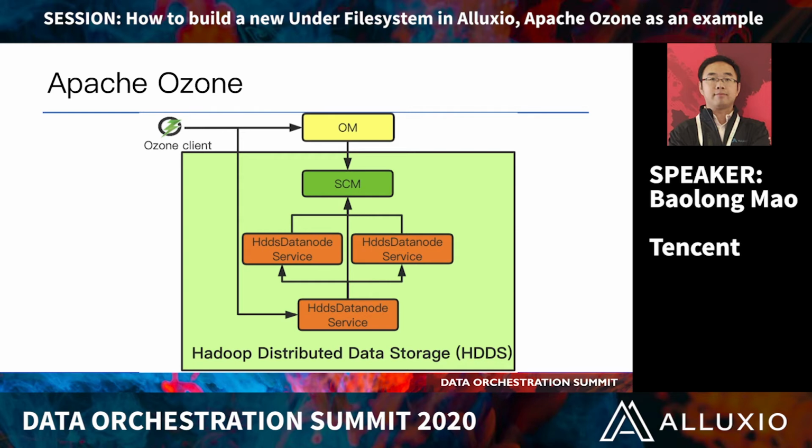The yellow rectangle OM is the Ozone manager. It is an object store metadata service, responsible for maintaining the object metadata, such as volume, bucket, and key metadata. All the Ozone clients will talk to OM and data nodes to write or read object data, but don't communicate with SCM directly.